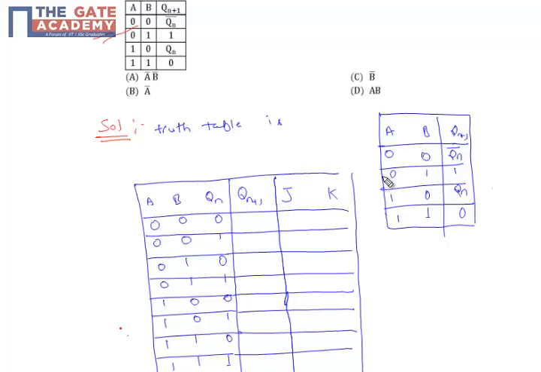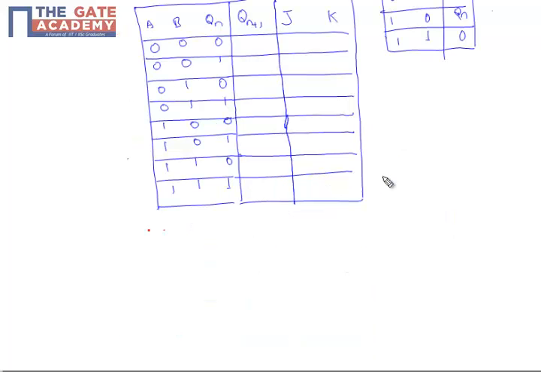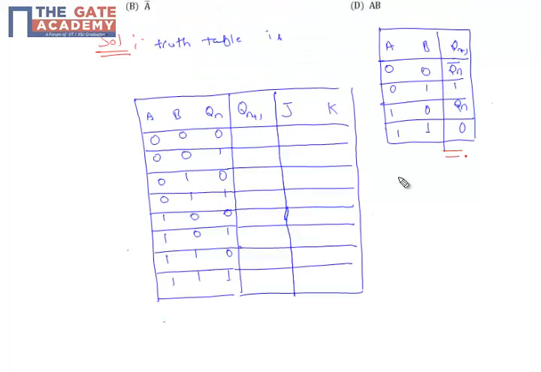we will draw the characteristic table for the given truth table condition. Now when our inputs AB is equal to 0 0, our output Qn plus 1 is Qn bar.